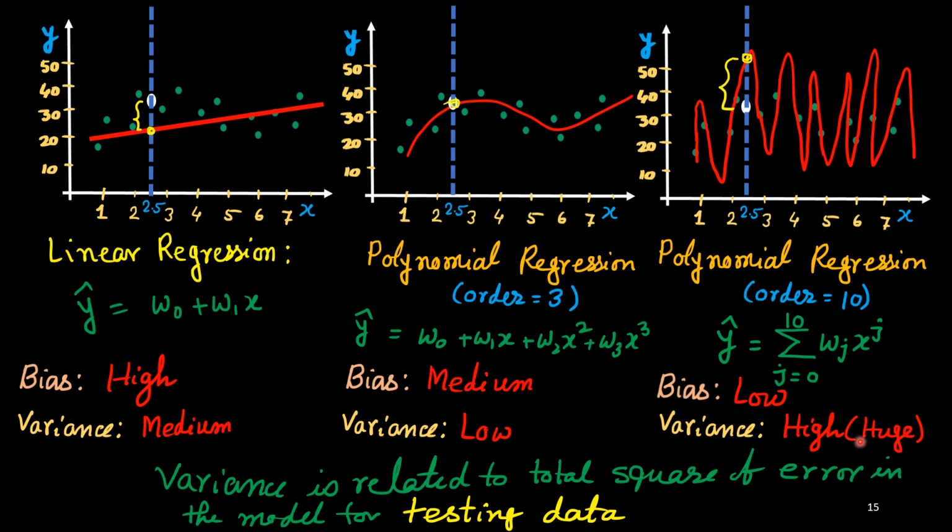Okay, now if we compare these 3 models, the last one, the polynomial regression with order 10, is giving very low bias for training data, but it is giving very high variance for testing data, and this is dangerous because we are more interested in testing data. It should produce a very low amount of variance for testing data.